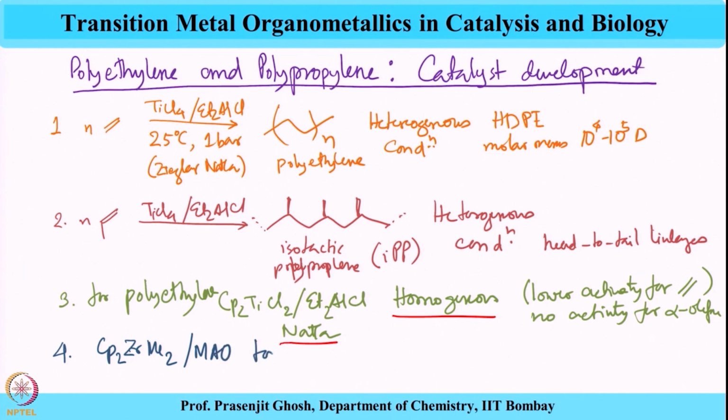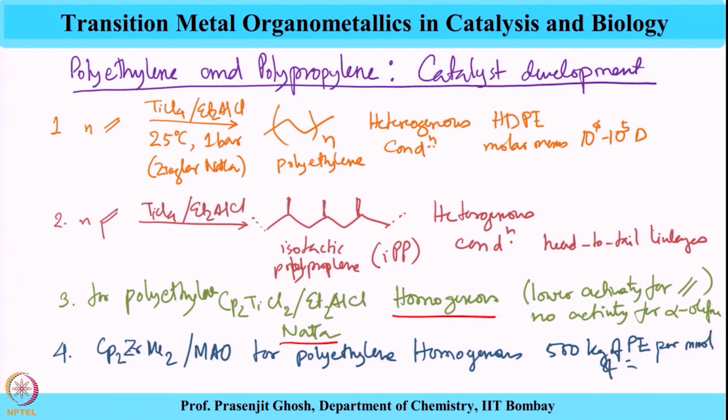So, for polyethylene, homogeneous and extremely active, 500 kg of polyethylene per millimole of zirconium per hour.